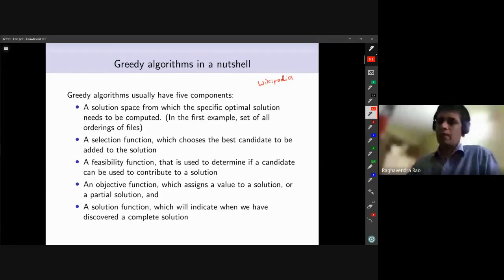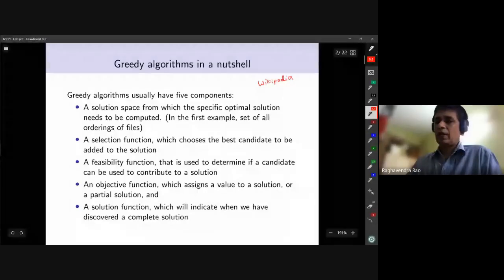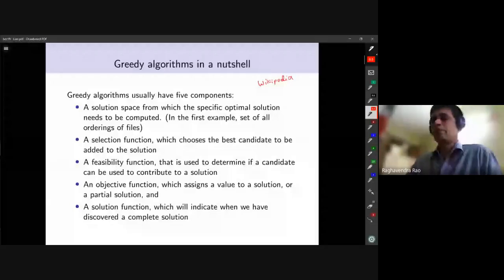Okay, and in general, we also need a selection function. The imagination is that the solution is built in an iterative fashion, so the selection function should determine which is the best candidate to be added. For example, in the case of orderings of files, it was the next smallest file in the first case.